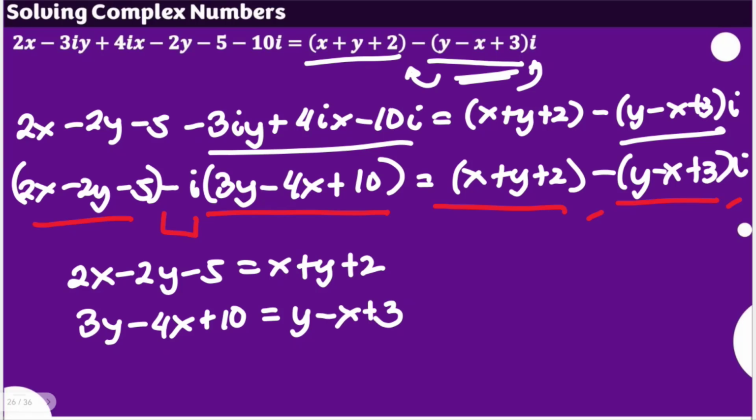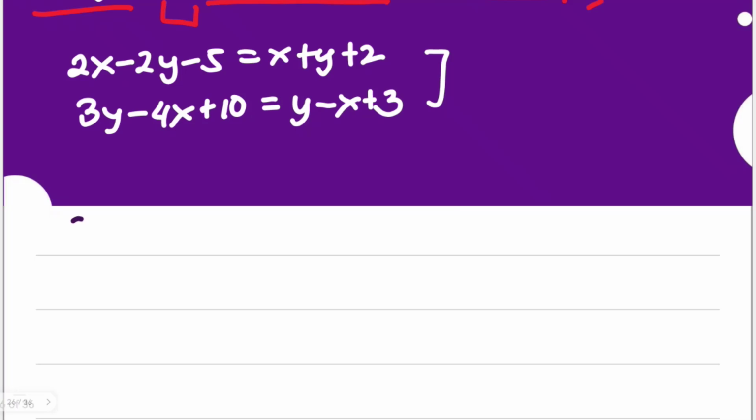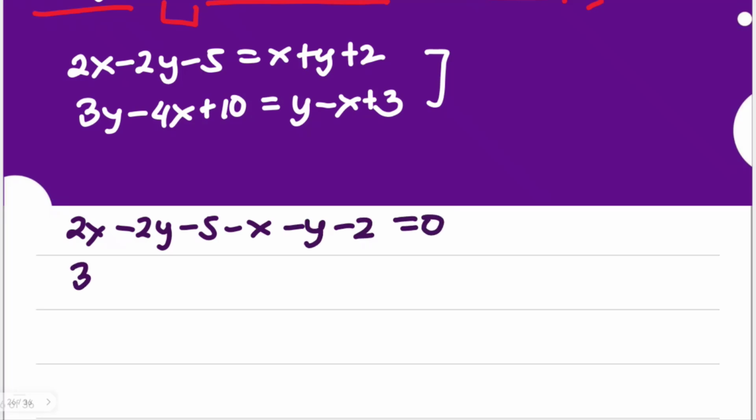Now what we can do is simplify these equations further and later on use the elimination process. So you have here 2x minus 2y minus 5. Allow me to write all. Minus x minus y minus 2 equal to 0. And 3y minus 4x plus 10 minus y plus x minus 3 equal to 0.